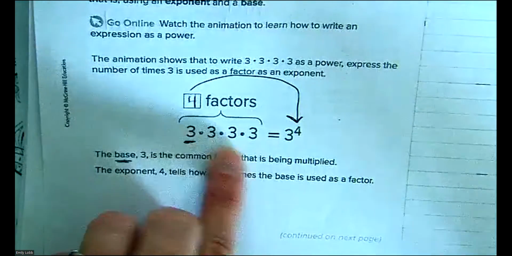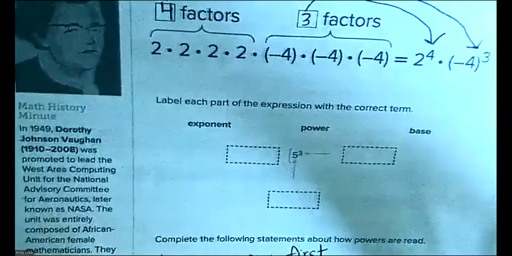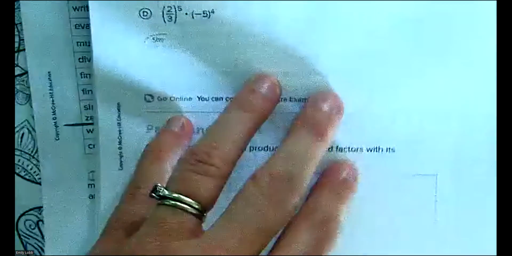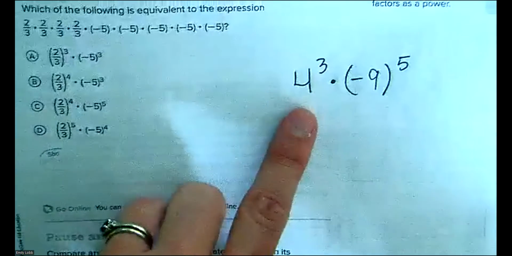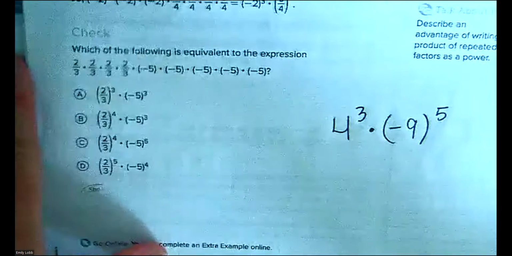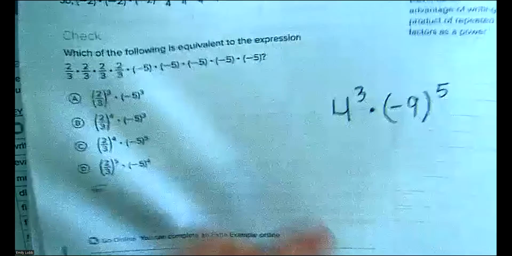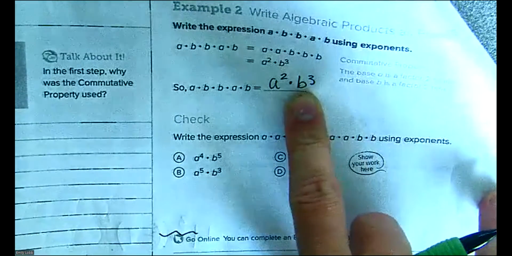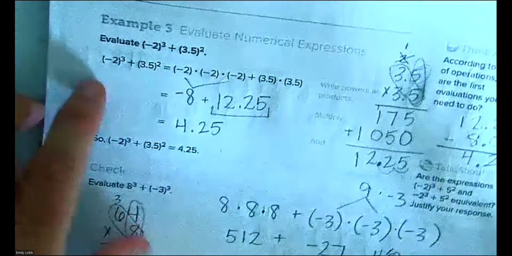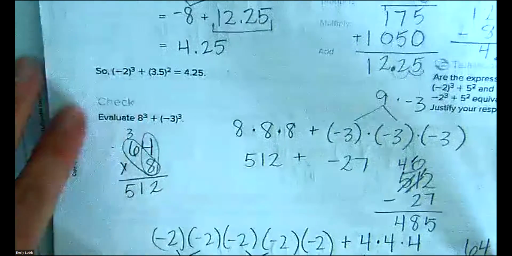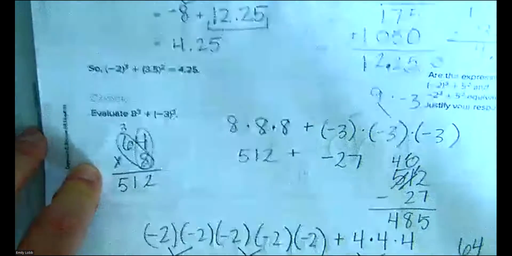So you should know how to write this. You should know how to evaluate these things. We should know how to simplify these as exponents, whether it's with a number or with a letter. That's algebraically. Okay, so page 7. We actually were evaluating by multiplying.